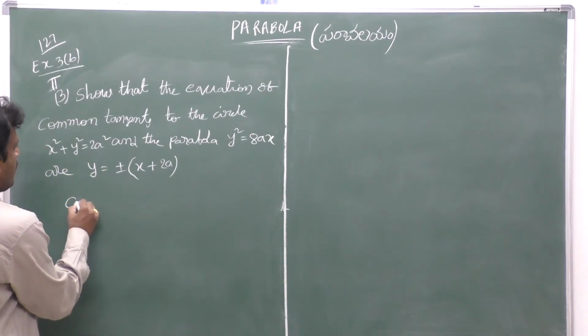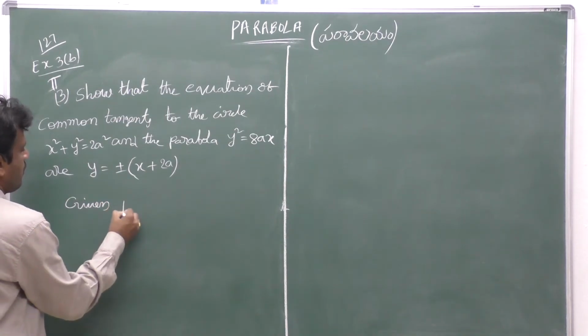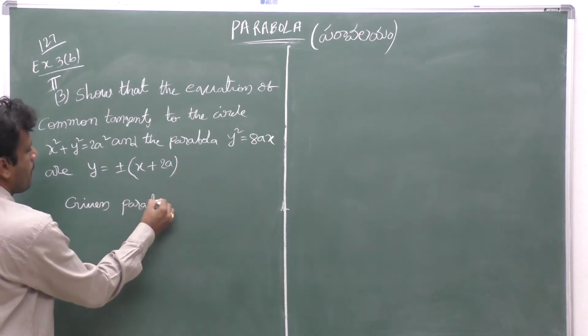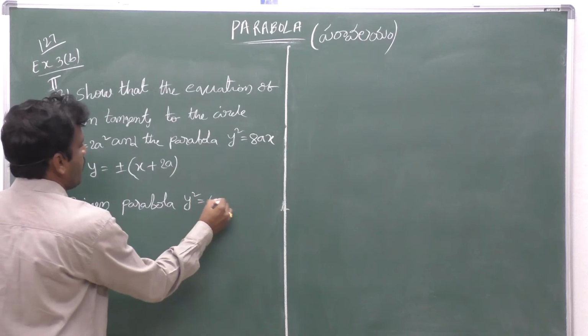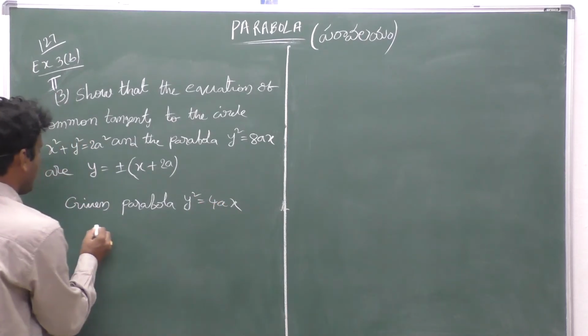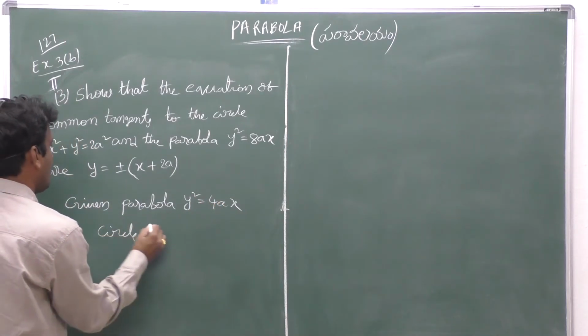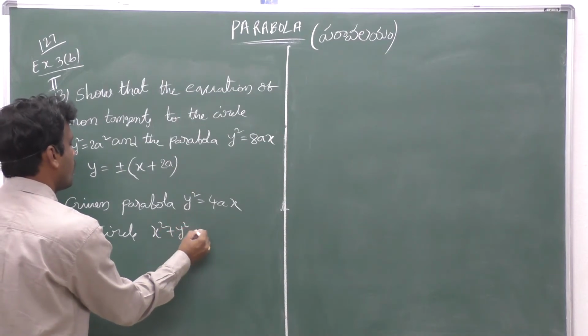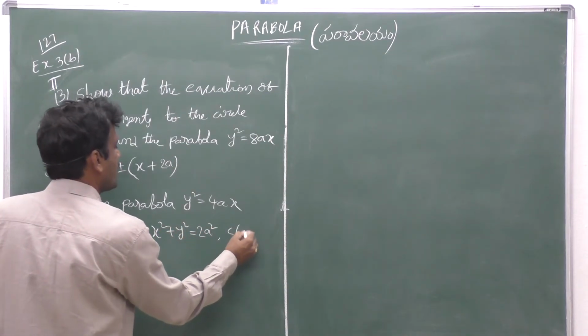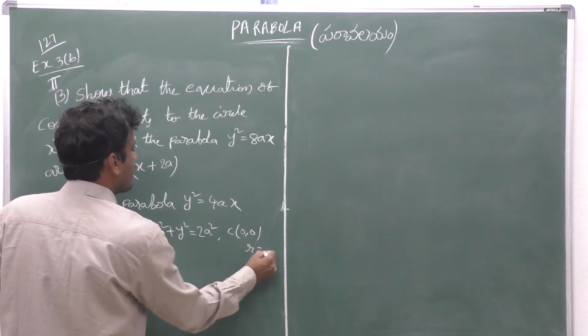Now, given parabola y square equal to 4ax, circle x square plus y square equal to 2a square, whose center is 0, 0 and radius root 2a.